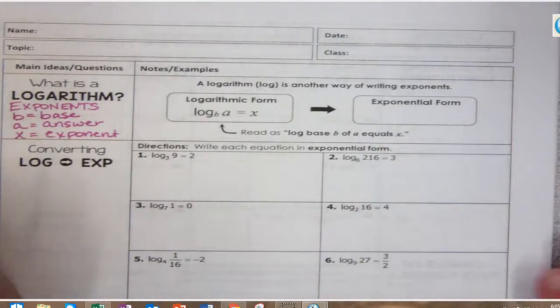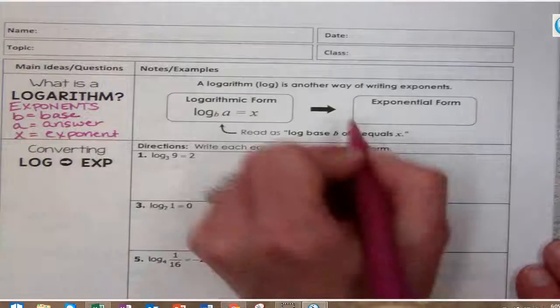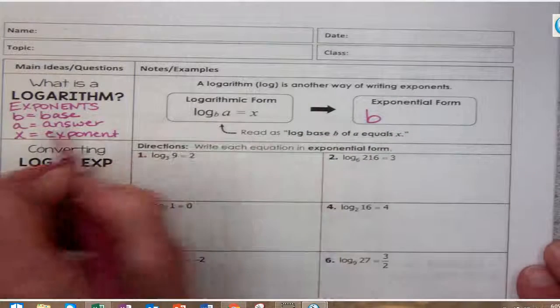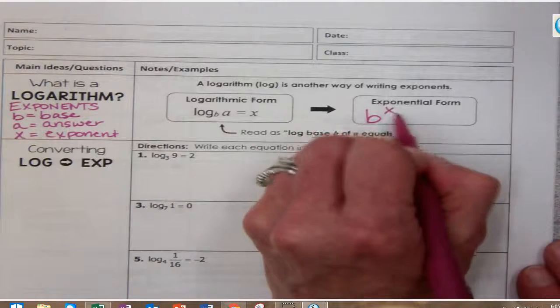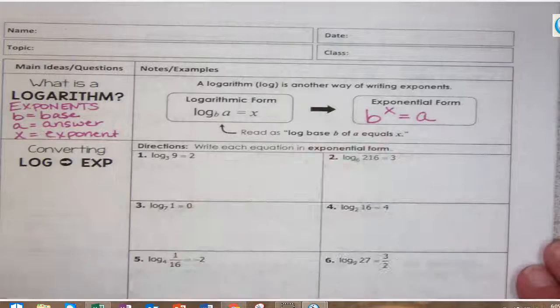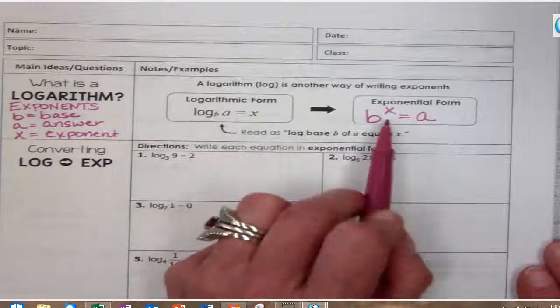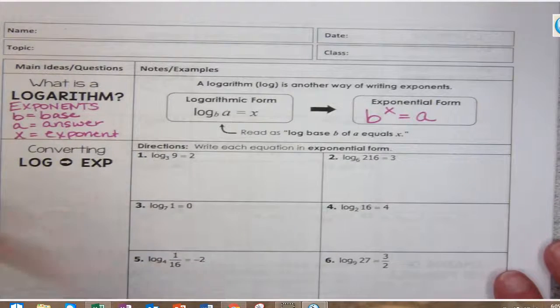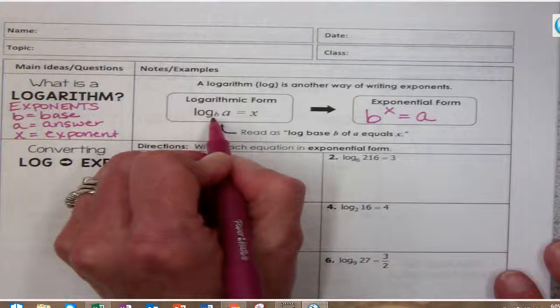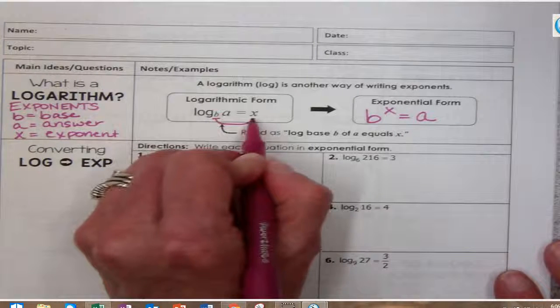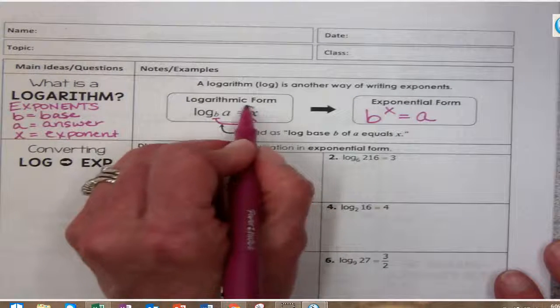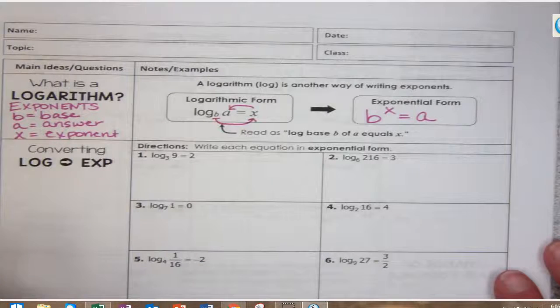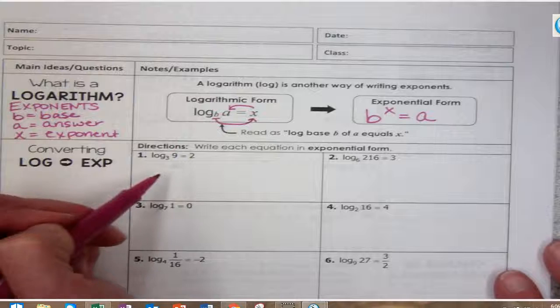If I was going to write that in exponential form, then it would be b raised to the x equals your answer. Alright? So these two things are the exact same thing. If you notice, here is your base raised to the x, and that's going to equal the a. So let's see what that looks like with numbers.